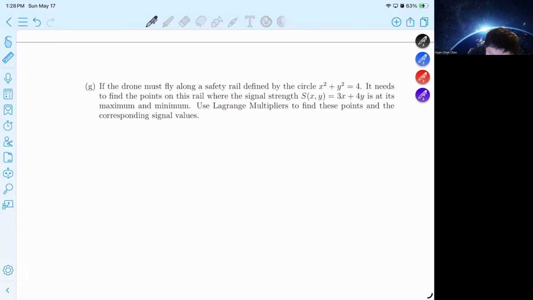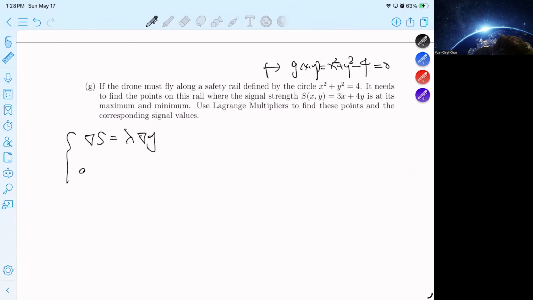When we set up the Lagrange multiplier, the gradient of my function s becomes lambda times the gradient of g. In this case, g(x,y) is x squared plus y squared minus 4 equals 0, and we also need g(x,y) equals 0.